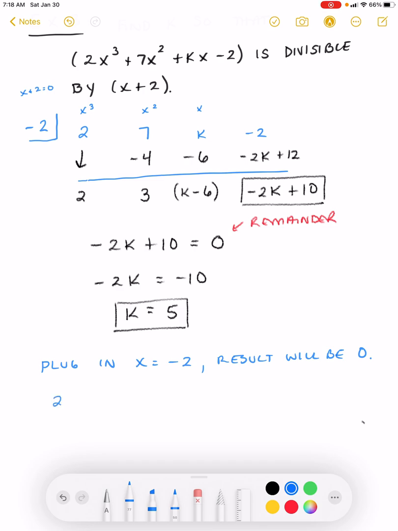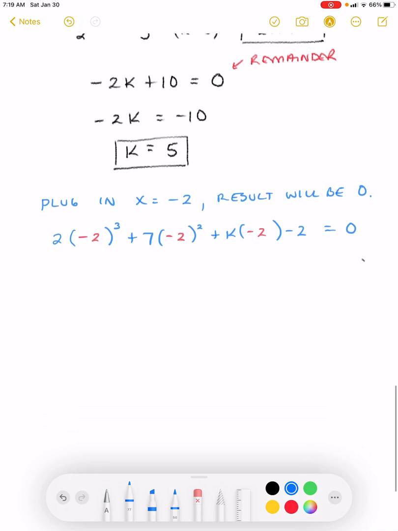We plug in x equals -2. So it's going to be 2 times -2 cubed plus 7 times -2 squared plus k times -2 minus 2, and set that equal to the remainder, which needs to be 0.